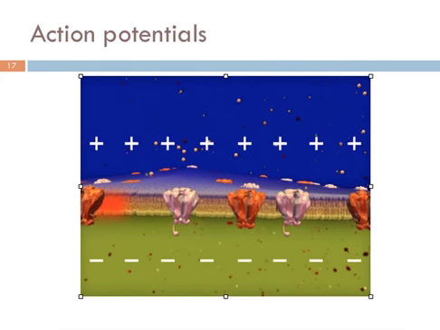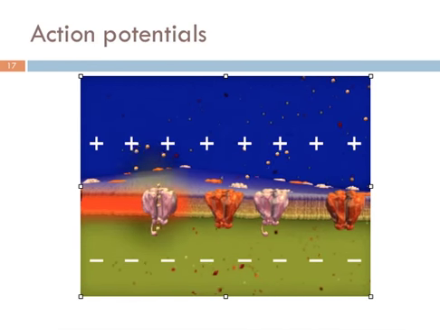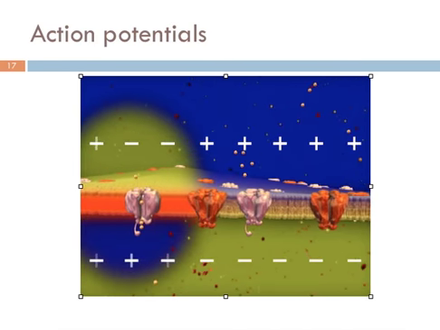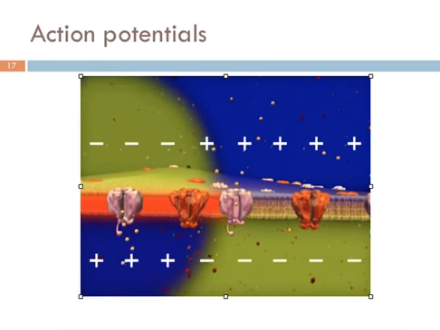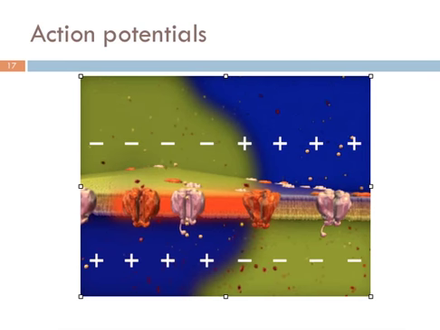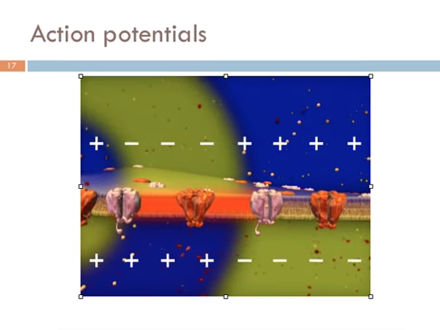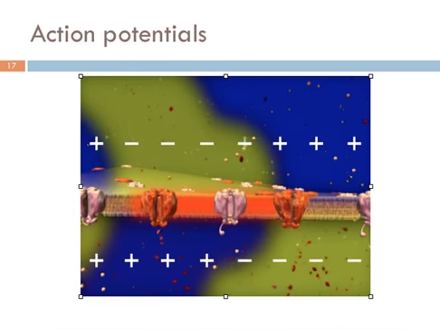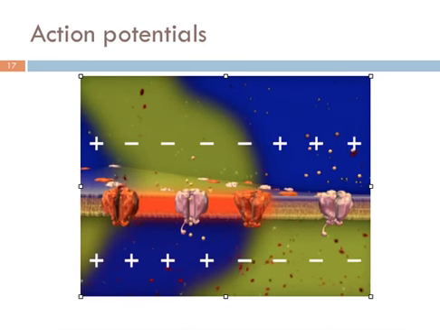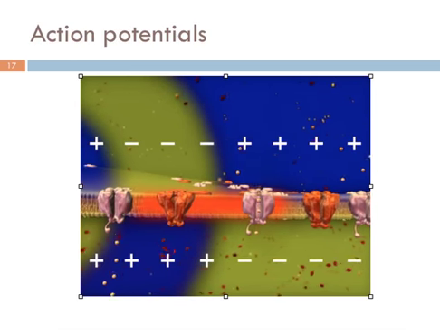Let's look at how the action potential is conducted along the axon. As the change in charge difference across the membrane spreads from open sodium channels, other sodium channels farther along the axon begin to open. The original sodium channels close, and adjacent potassium channels open. As potassium ions move out of the cell, the original charge difference across the membrane is restored, and then the potassium channels close.